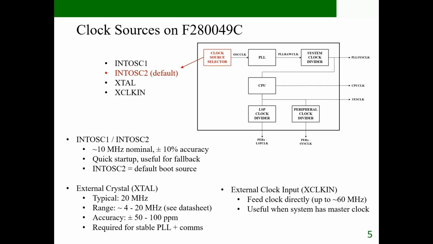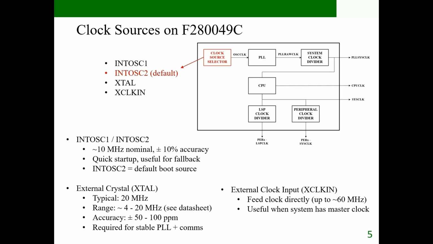The internal oscillators are convenient but not precise enough for high-speed communication or frequency-sensitive control. For reliable and accurate operation, especially in digital power control, the external crystal is the recommended choice. When using the PLL, you must follow the datasheet specifications for input frequency ranges, whether you are using a crystal or an external clock input pin.